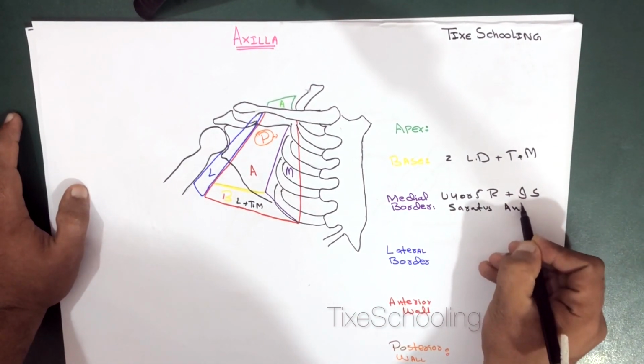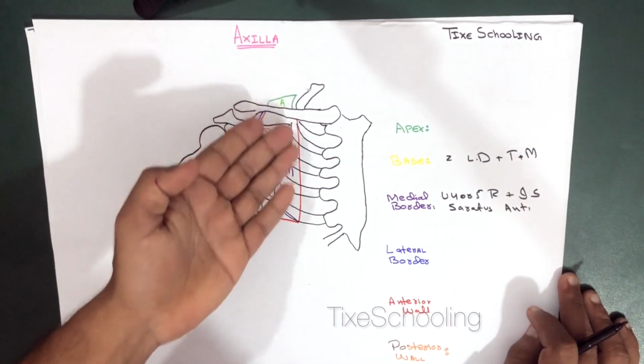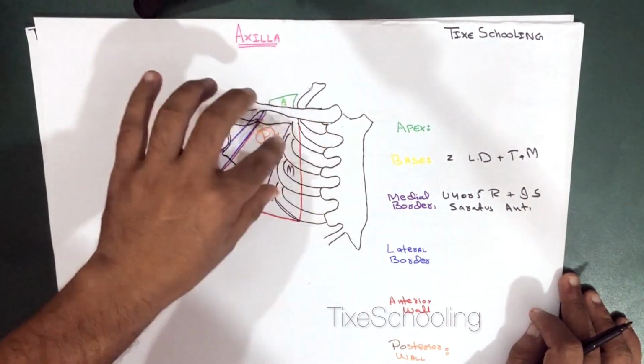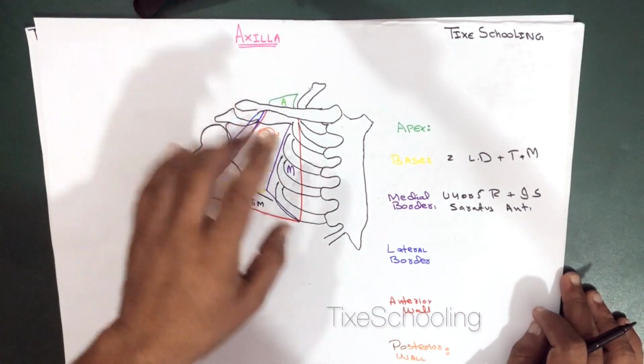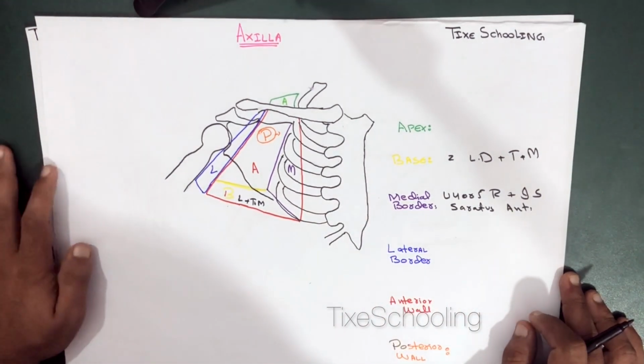So we have the upper 4 or 5 ribs, their intercostal spaces, and the muscle known as the serratus anterior.